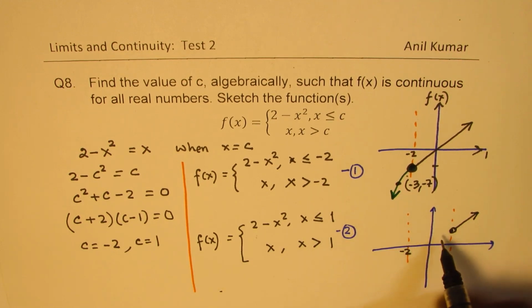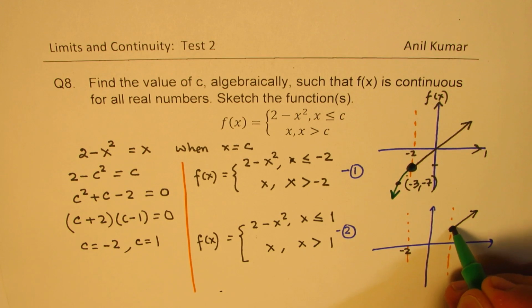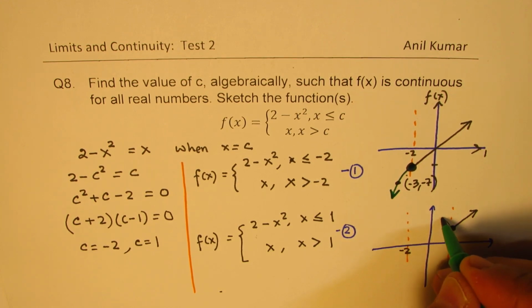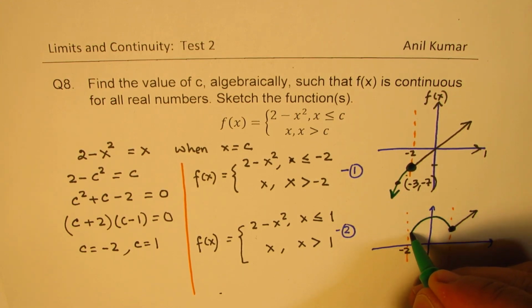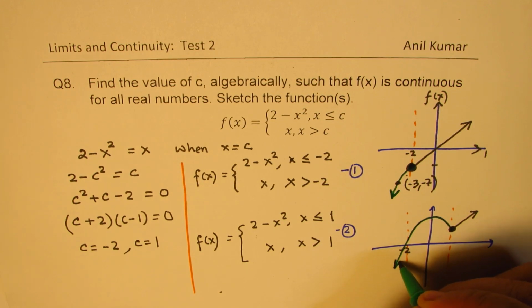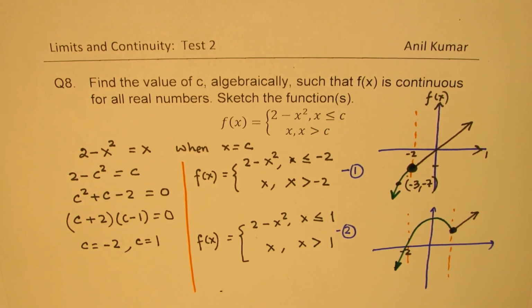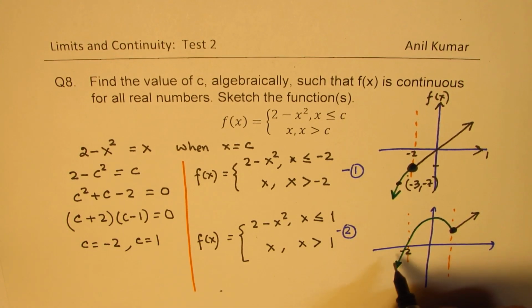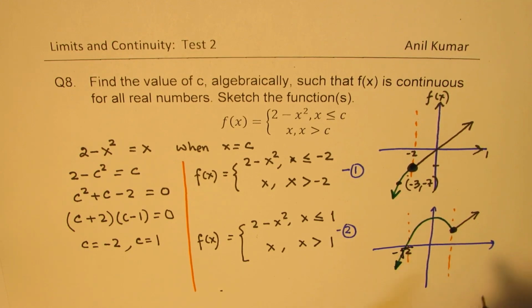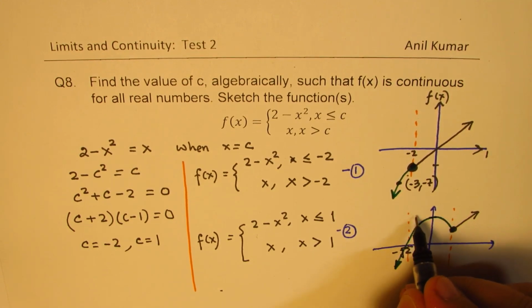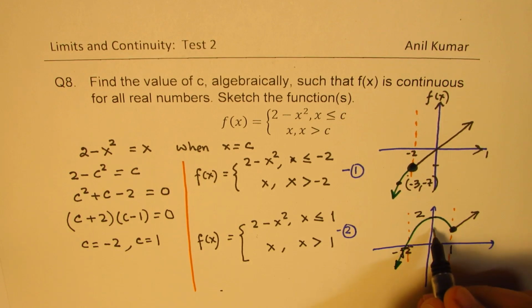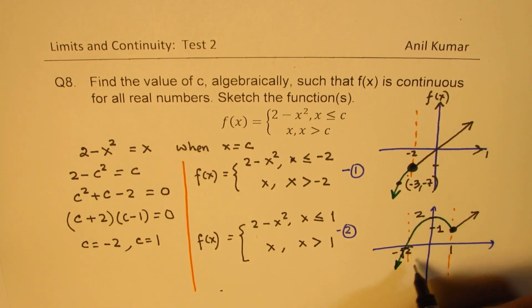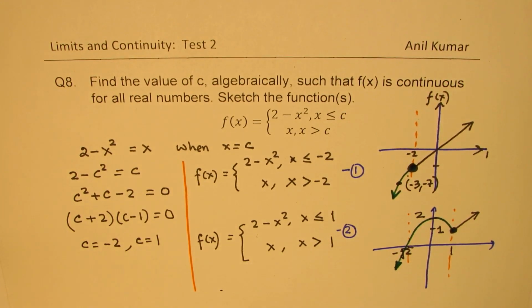On the left side, it is a parabola, which takes the value of 1 at 1, and it is kind of like this, right? Correct? So at square root 2, it will have this x-intercept. Not at 2. Let me write this as minus square root 2. To be precise, this value will be 2, and here we have 1, 1. Correct? So that becomes the second function as shown here.